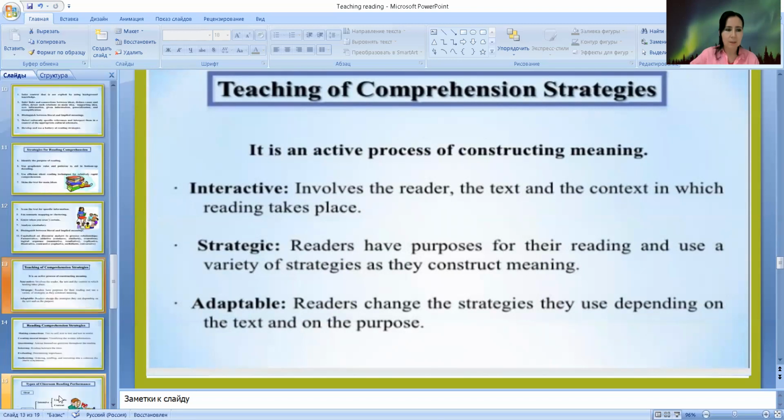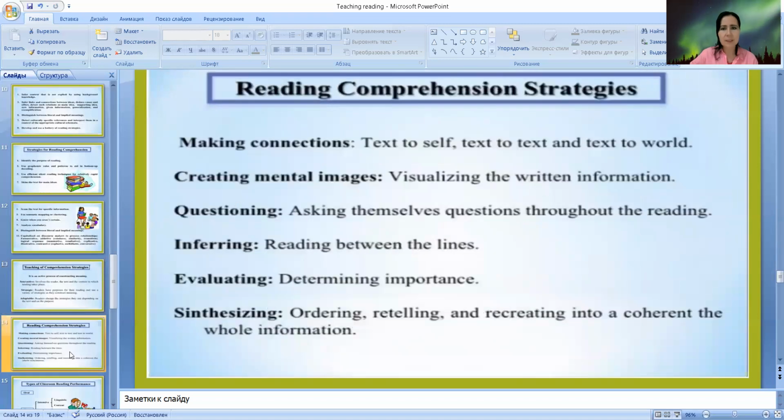Next, reading comprehension strategies: making connections, text to self, text to text, and text to world. Creating mental images, visualizing the written information.